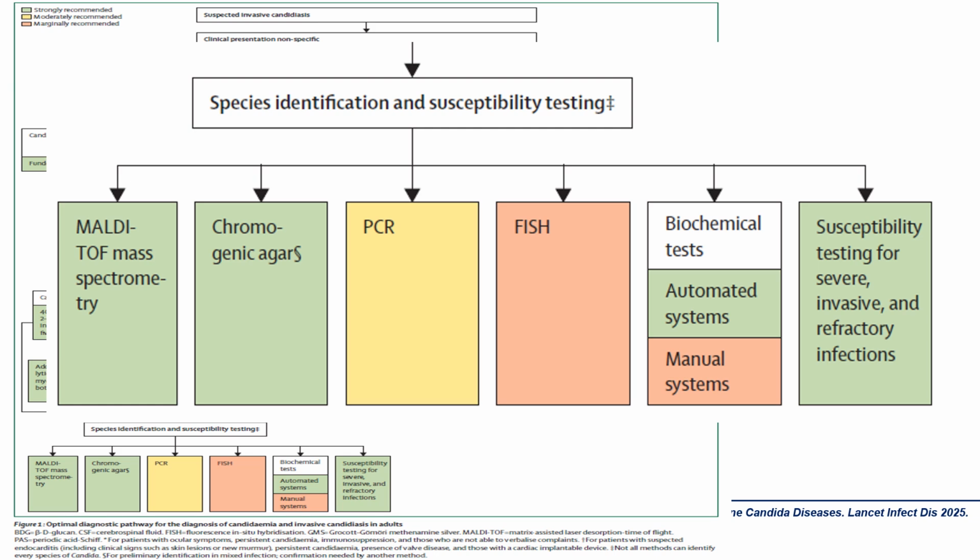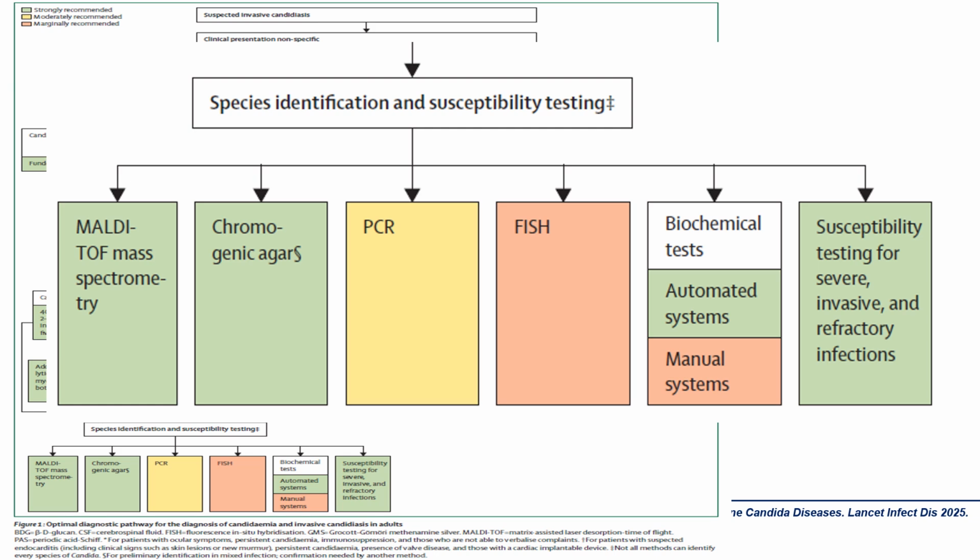And as discussed in the previous slide, MALDI-TOF is strongly recommended to provide species level identification. If you look at the chromogenic agars, they show green color, as these are strongly recommended for the detection of mixed yeast infections and moderately recommended for presumptive identification.